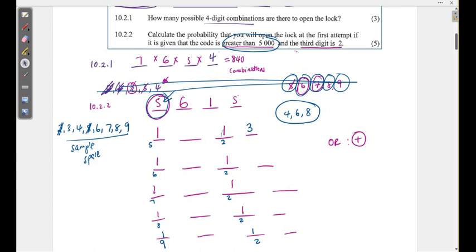Now, here on 3, you are saying I could choose either 6 to be here, or I can choose 8 to be here, or I can choose 4, so that the number becomes even numbered, like the whole code becomes even numbered. So you have 3 options there. The 3 there will stand for those 3 options. But from the 3 options, you're going to take only 1.